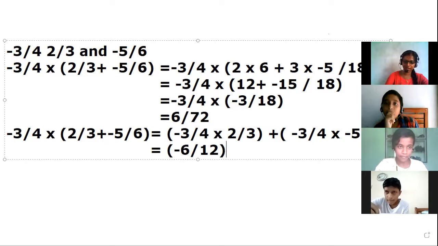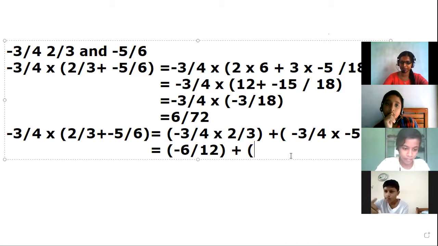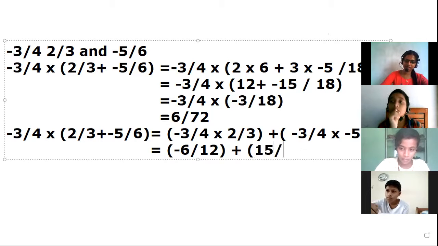Then add this with the product of minus 3 by 4 and minus 5 by 6. Here we are multiplying both negative rational numbers, so our result should be positive. The numerator would be the product of 3 and 5, which is 15, and the denominator should be the product of 6 and 4, which is 24.